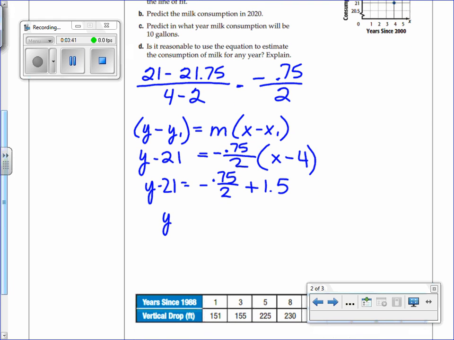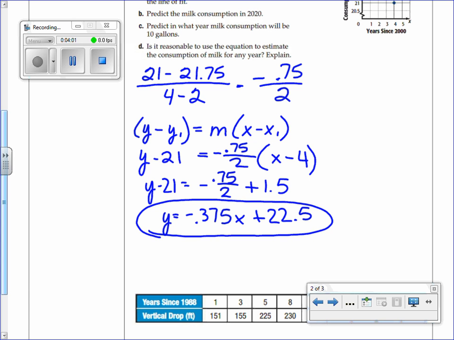So y is going to equal, and I'm going to change this to decimal form, negative 0.375x plus 22.5. Okay, there is my slope-intercept equation right there.